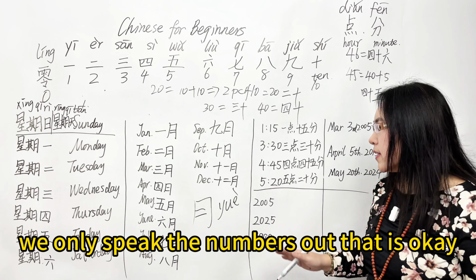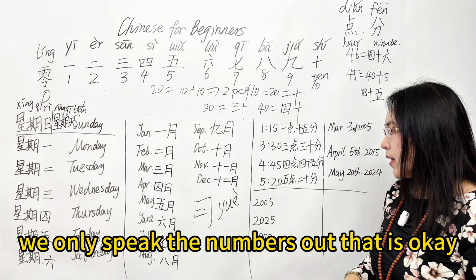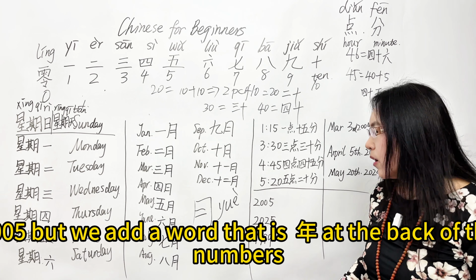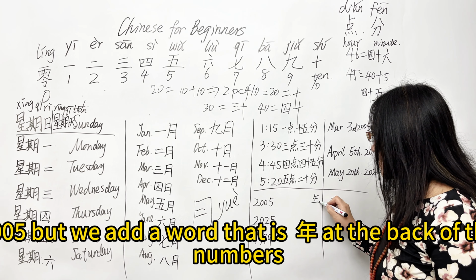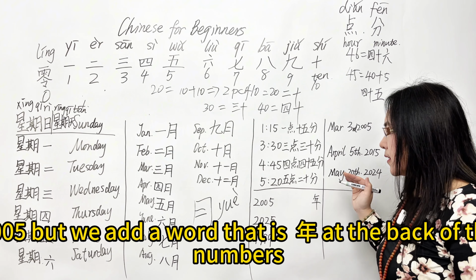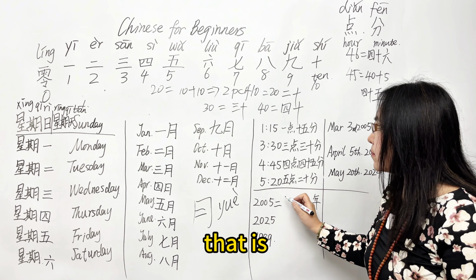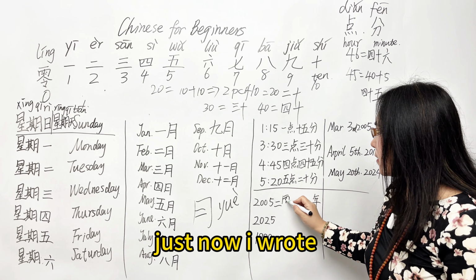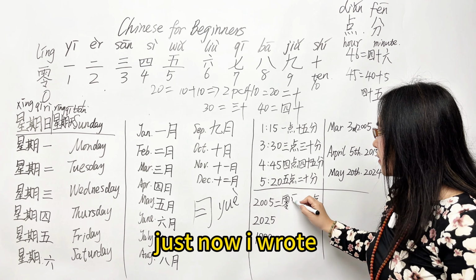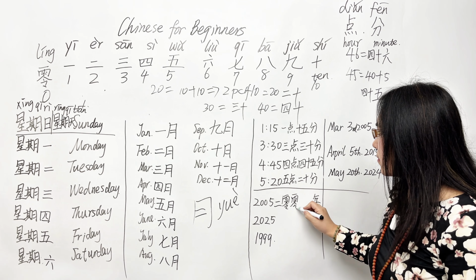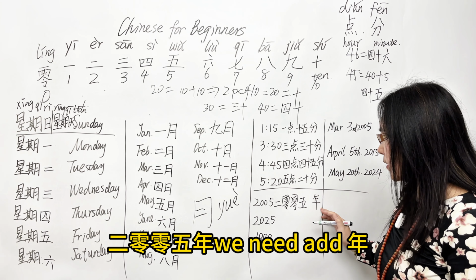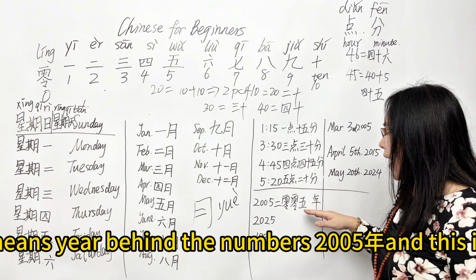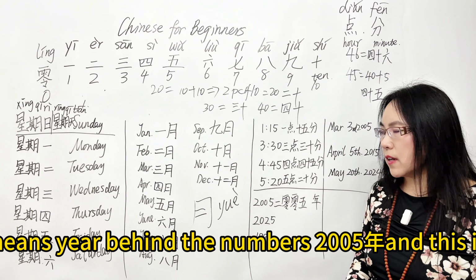In Chinese we only speak the numbers out, that is okay. 2005, but we add a word, 年, at the back of the numbers. 2005年, we need to add 年, which means year, behind the numbers.